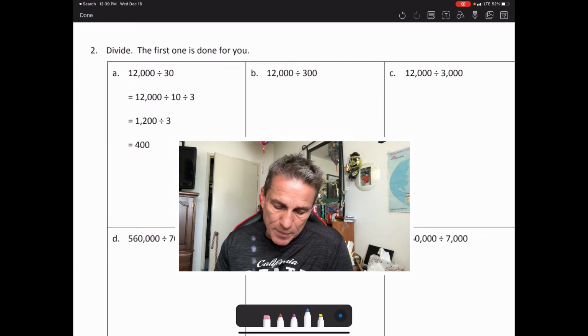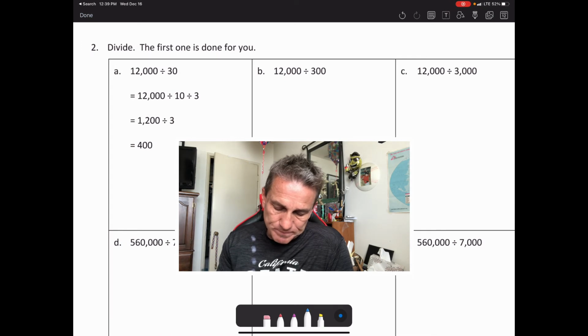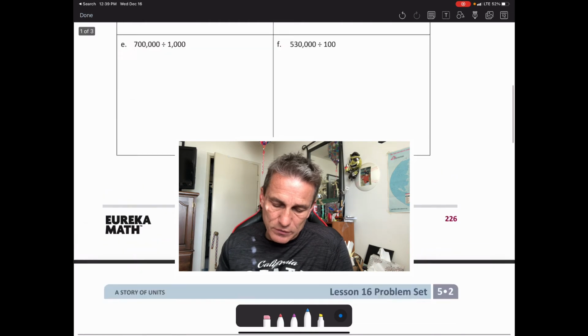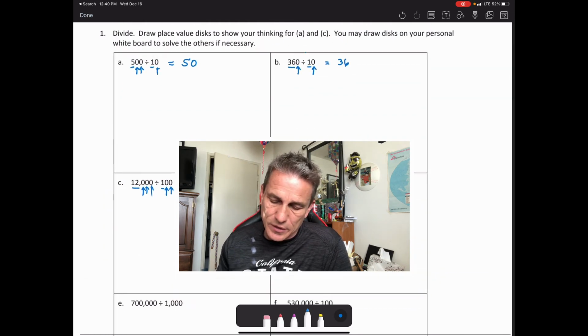If you look at the example in A, what they've done is they've taken 12,000 divided by 3, and they've changed it into, since 30 is 10 times 3, what they're doing is they're taking the 10 out and dividing by 10 first, which we know how to do up here. We figured that out, right? We've been dividing by 10 and 100.